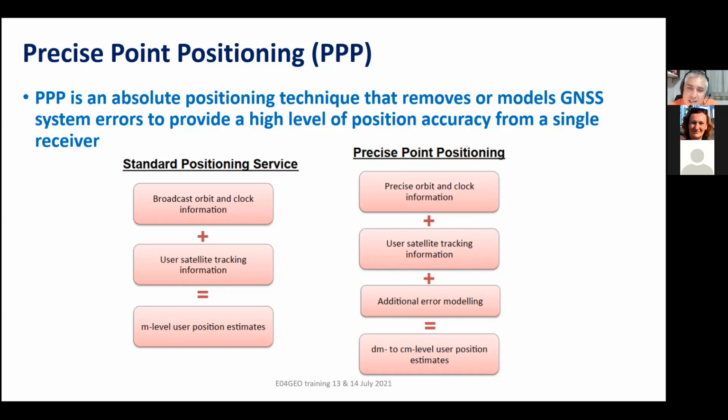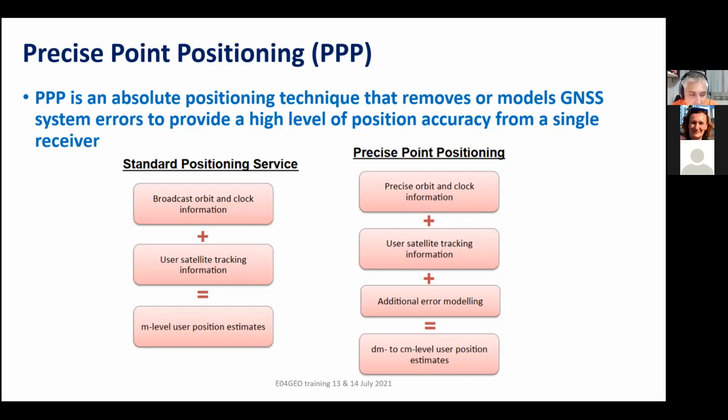So what is inside the PPP method? Instead of broadcast orbit and clock information, we use the precise orbit and clock information I showed you related to IGS as a global service, the accuracy with which the orbit and clock information are provided. In addition, we need the user satellite tracking information. As you can see, this is the same as in the standard positioning service. Then we need some additional error modeling.